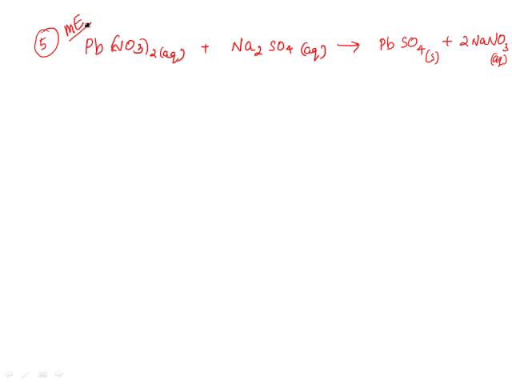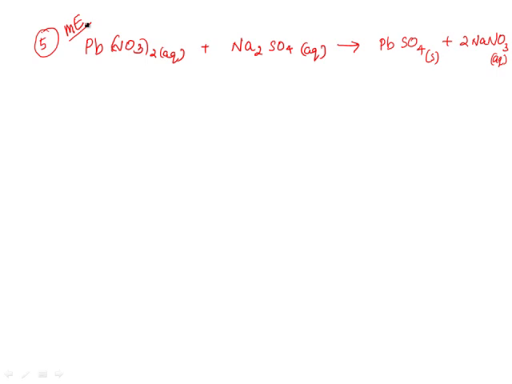Exactly. Now once you have the molecular equation, what do we mean by ionic equation? What do you do for an ionic equation? You break everything up, but what do you break up? Do you break everything? No. What you have to remember is you will break only the species which are aqueous.